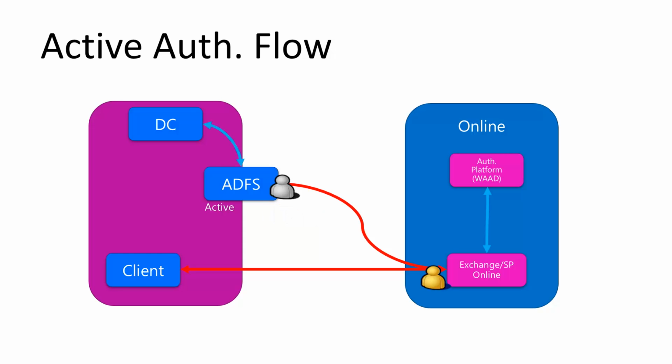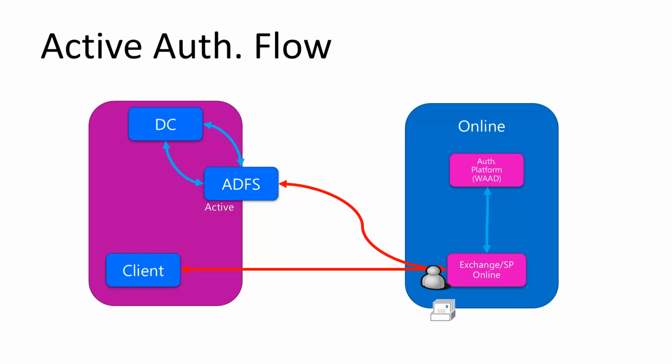ADFS will check that with the internal Active Directory deployment, and if everything is well, it'll say, okay, well, yeah, it's true, credentials are okay, the user is who he says that he is, here is a logon token. Exchange Online will then use that logon token to give it to the authentication platform in Office 365, get an authentication token, and allow the user to get into his or her mailbox.